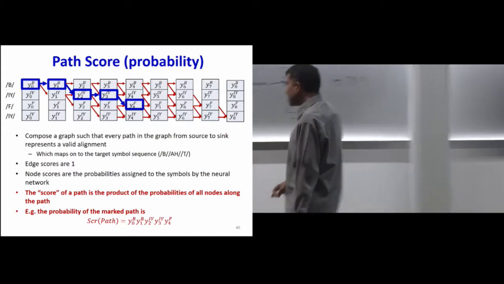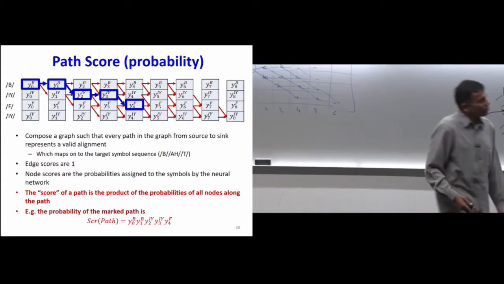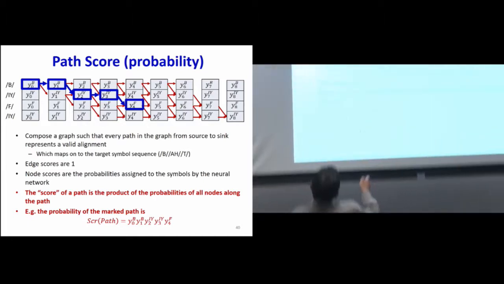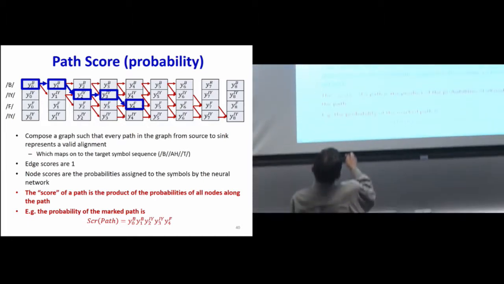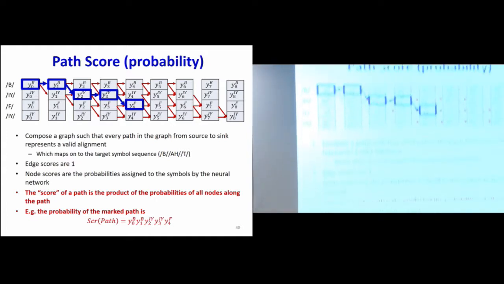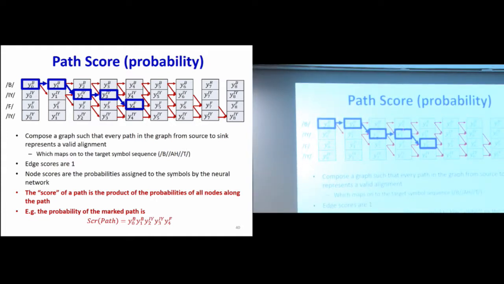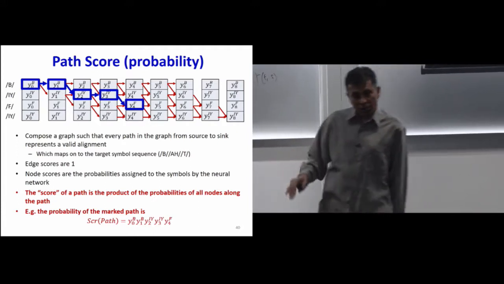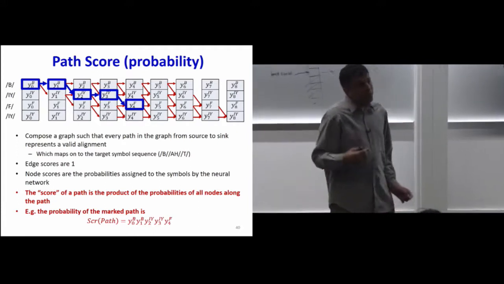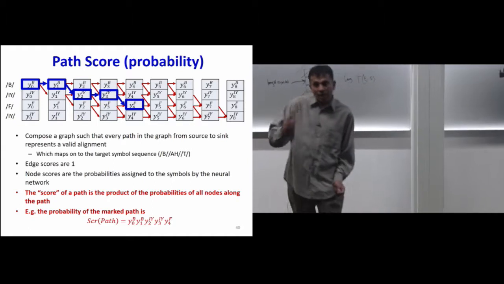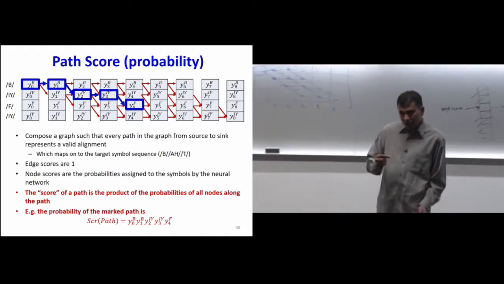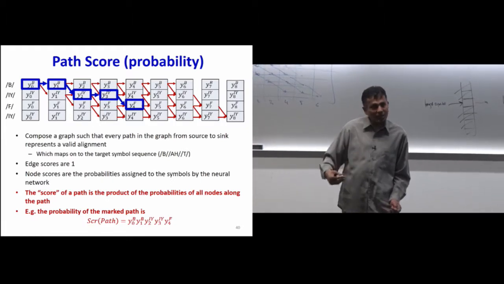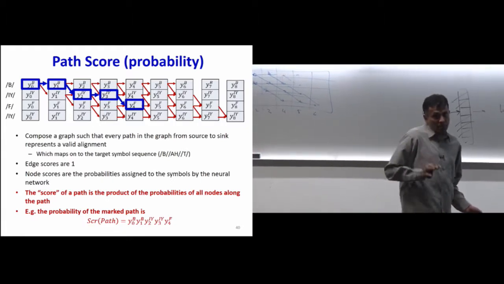So a sequence of symbols has a probability assigned to it: the probability of this symbol here, times the probability of this symbol here, times this one here. Basically it's the product of the probabilities of all the symbols on the path, right? And what we are really asking is, find me the most probable sequence subject to my constraints. If I didn't subject it to my constraints, I would get some rubbish.